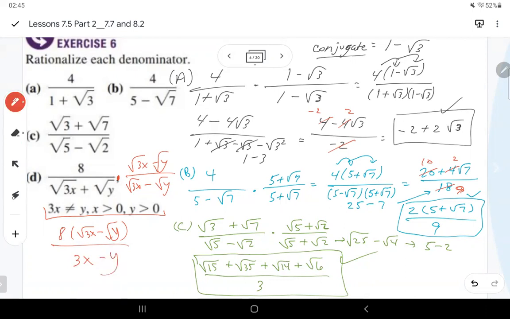And we actually don't need to distribute. We can just leave it like that. It looks a lot nicer than if we were to try and distribute it. So really nice problem there for D.